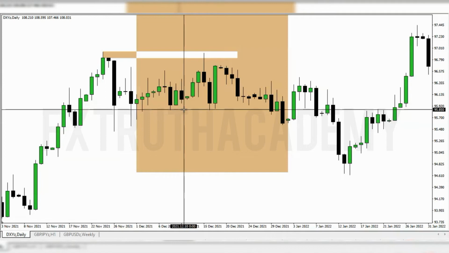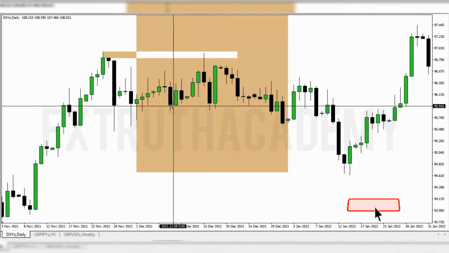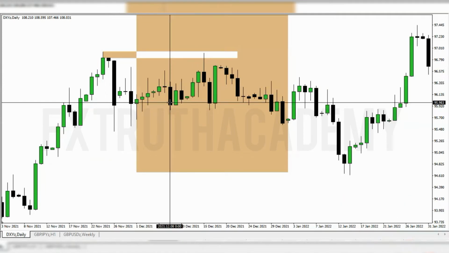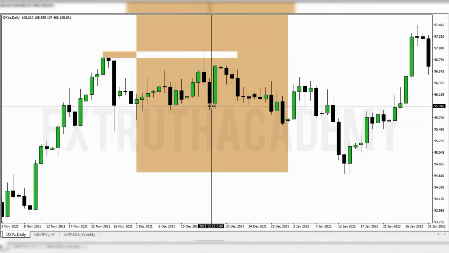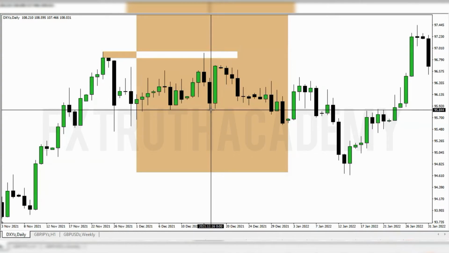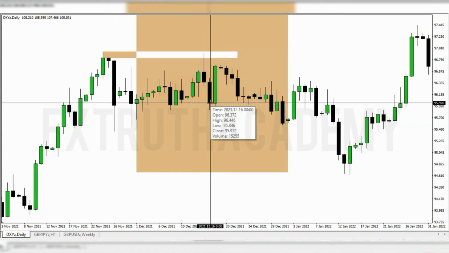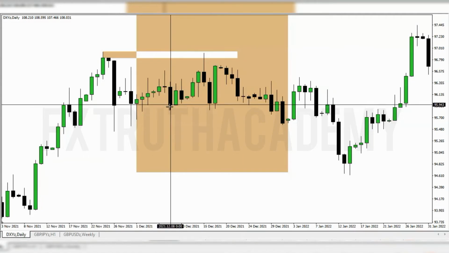The low came in at 95,847, and this low here is 95,846. So this particular low actually took out this low here.